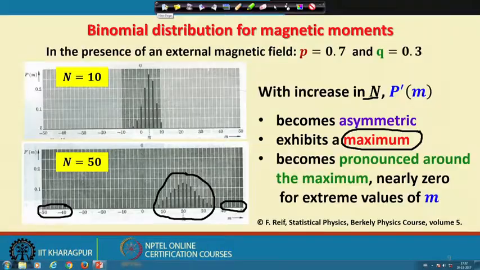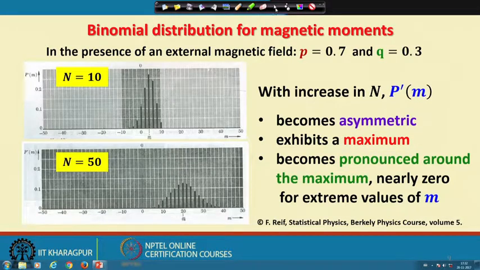So, what have we learned from here? The major takeaway message from this slide is that when I increase the number of particles present in the system, there is a very important consequence of that.